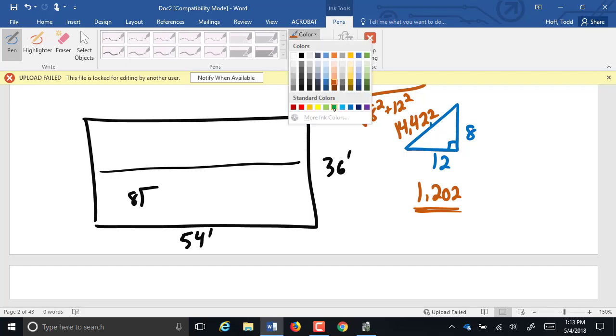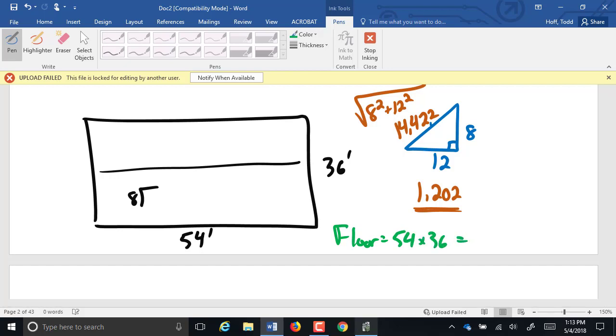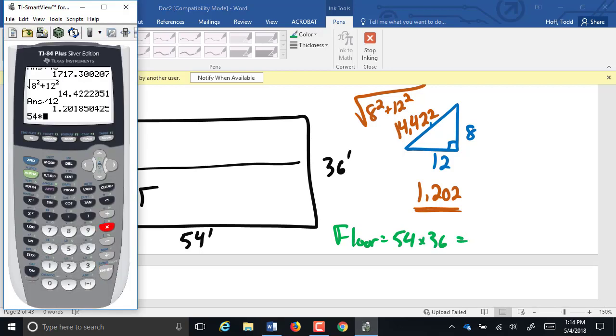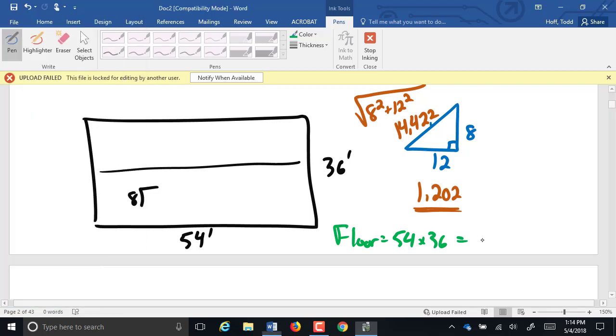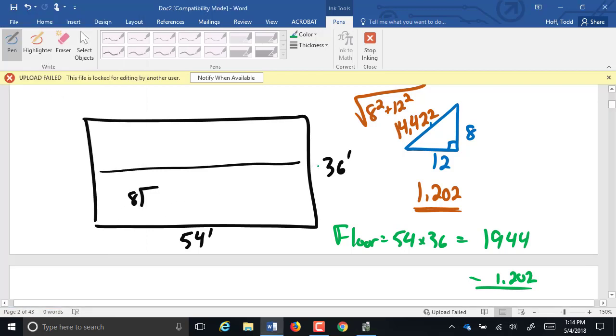So now we find the area of the floor. 54 times 36 is 1944, times that slope correction factor. 2336.69.